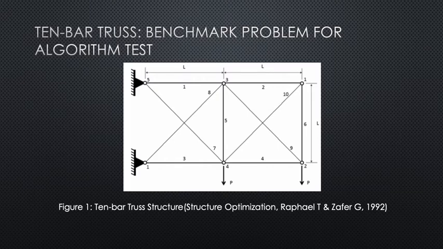So the 10 bar truss problem is basically a benchmark problem, especially for testing different kinds of algorithms. It was first introduced by Venkayya in his work Design of Optimum Structures in Computers and Structures in 1971, and the problem is basically, given a geometry of a structure which consists of 10 truss members, two forces are applied to two of those nodes.